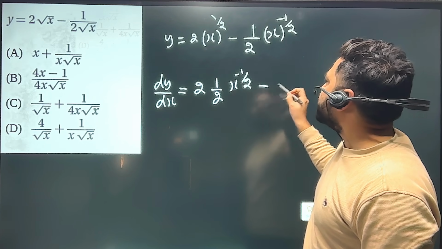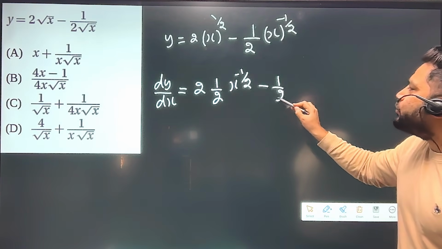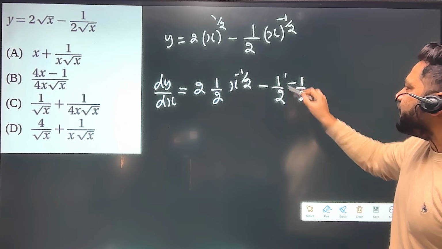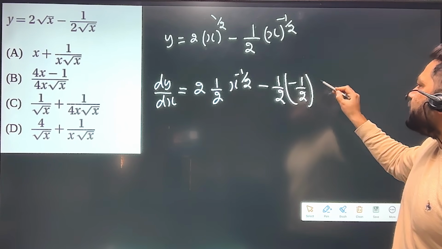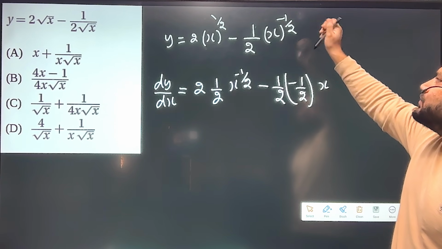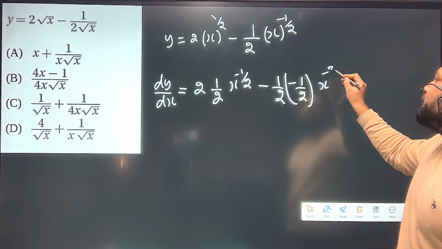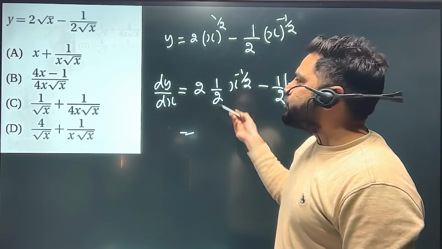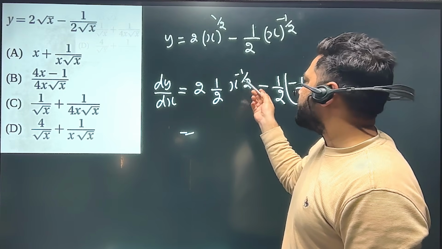Again apply the same formula here also. Power will come ahead, and these are in multiply, mind it. Power will come ahead and one power will be less, and if we subtract 1 from minus 1 by 2, it will be minus 3 by 2. So 2 will cancel, and it is x power minus 1 by 2.